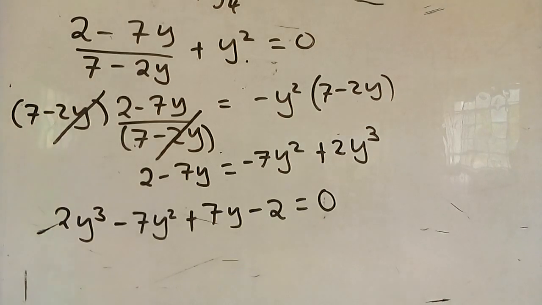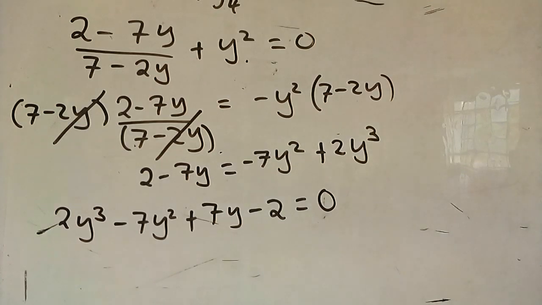You can use any method to solve for y. When you have y cubed, you can use the Newton-Raphson method, a numerical method. You can also use the factor theorem if it can factorize, by checking values of y.